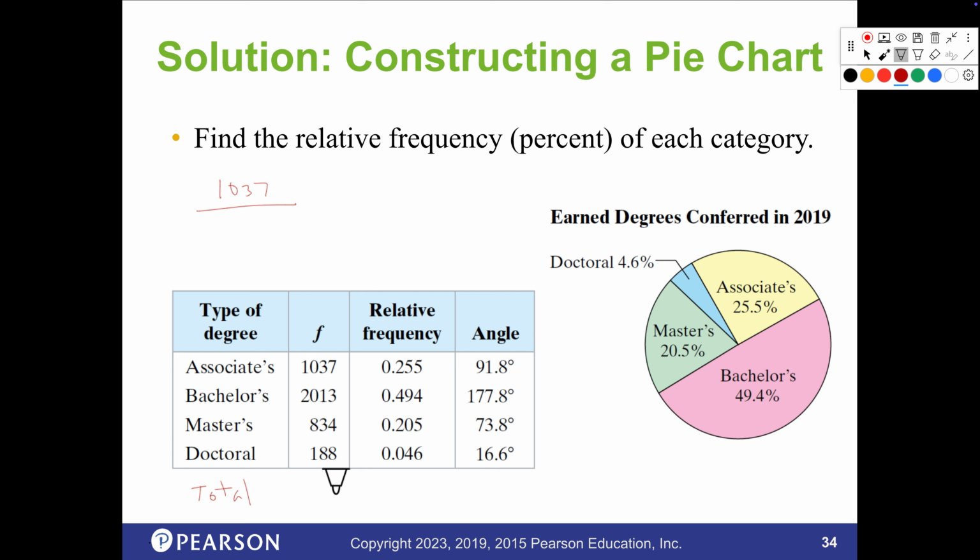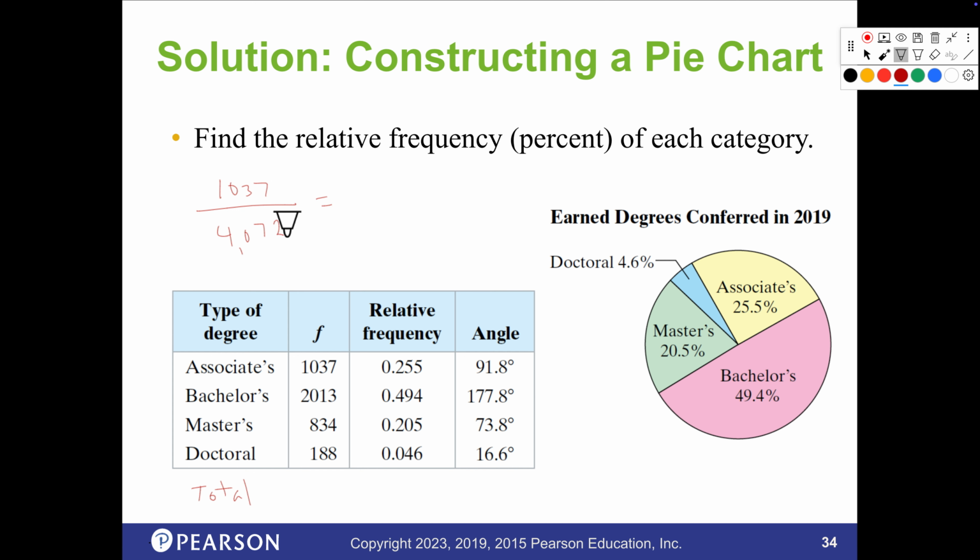So we take 1,037 plus 2,013 plus 834 plus 188. So I've got that there are 4,072. And remember, that's in thousands, so that's actually 4 million people.